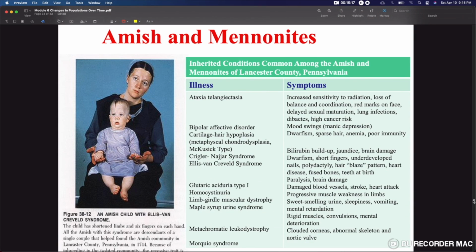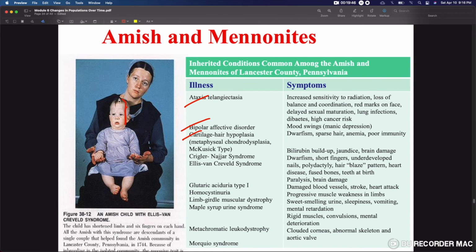And scientists have made a lot of studies in their community, and they have found out that a lot of abnormalities, a lot of conditions are found in them, like ataxia, bipolar disorder, cartilage hypoplasia, specifically this one, the Ellis-van Creveld syndrome.